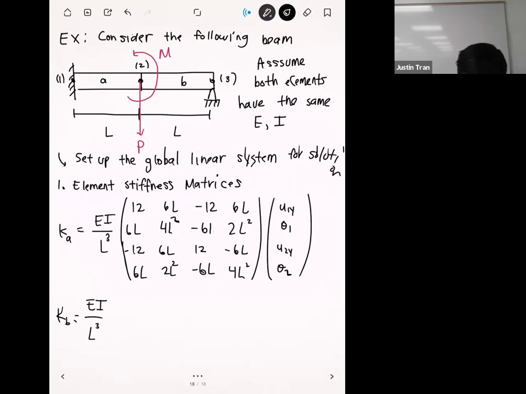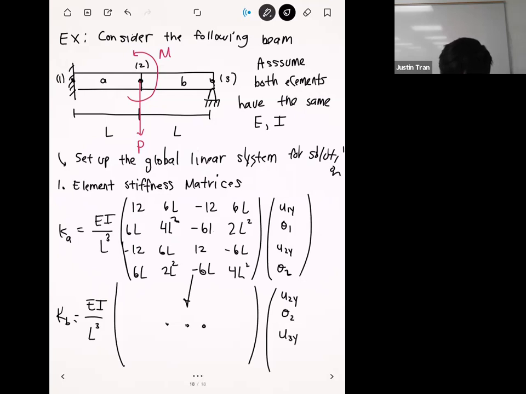Right, and so I'm going to go ahead and do the same thing for element B. I'm not going to write out the entire matrix again, but it looks identical to the one above it. But element B here is acting on different nodes. And so element B is acting on nodes 2 and 3. And so we have U2y, theta 2, U3y, theta 3.